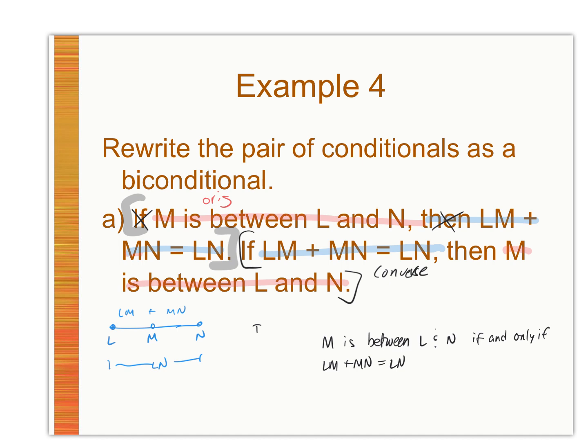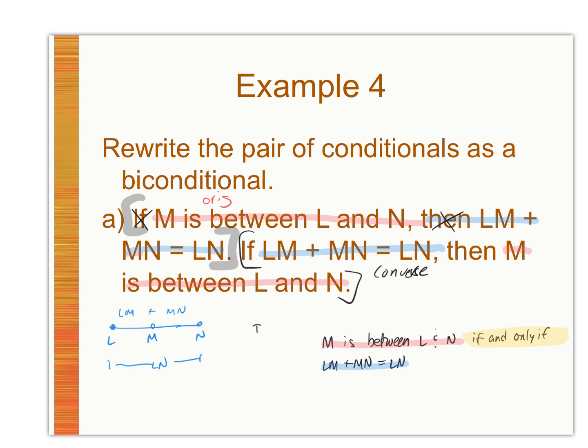So in here, I took the original hypothesis, I took the original conclusion, took off the if and the then, and replaced it in the middle with if and only if.